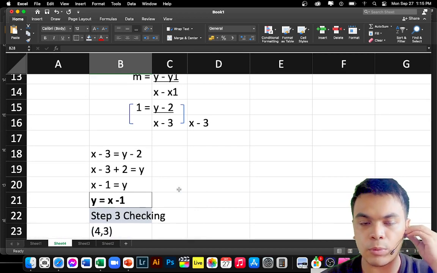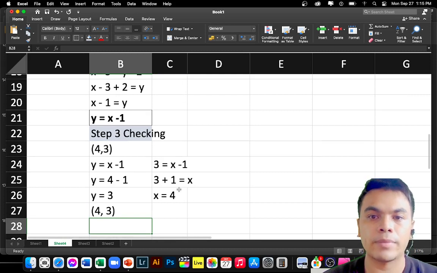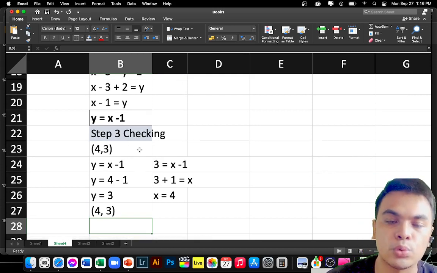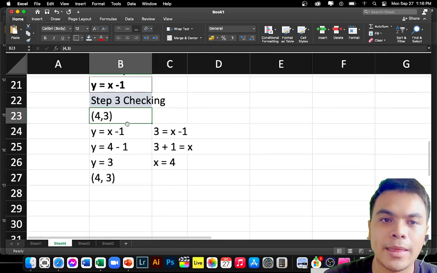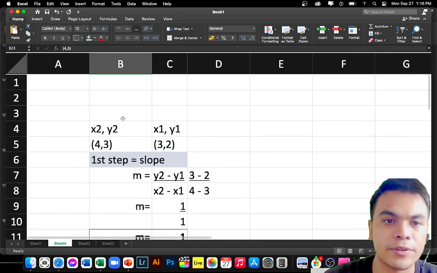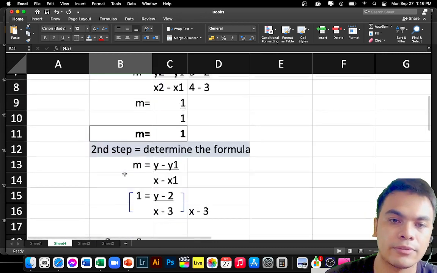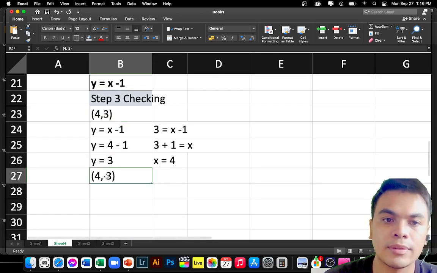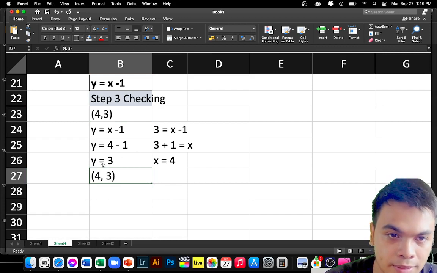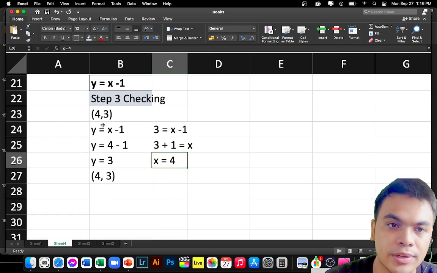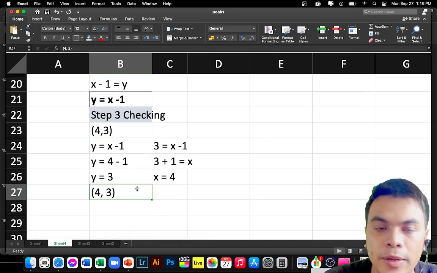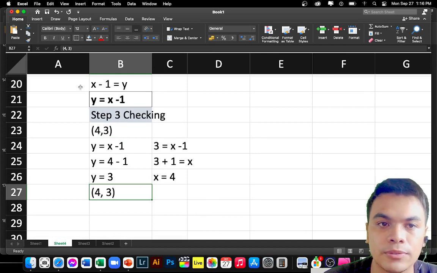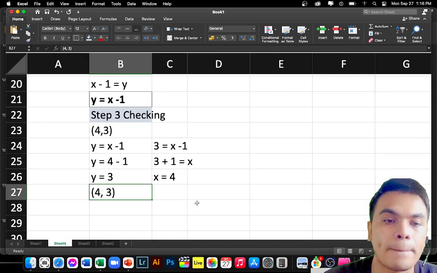After determining the equation, we check if our derived equation is correct by substituting with either the first set of coordinates or the second set of coordinates. And we should have the same variable when we compute. For this example, both y and x are the same as the coordinate. I really hope you understood, because this would be part of your examination.